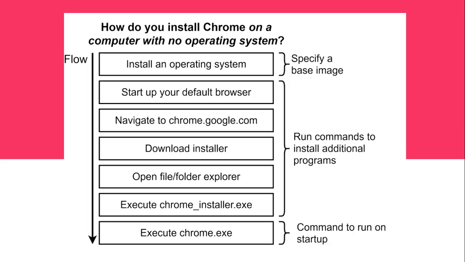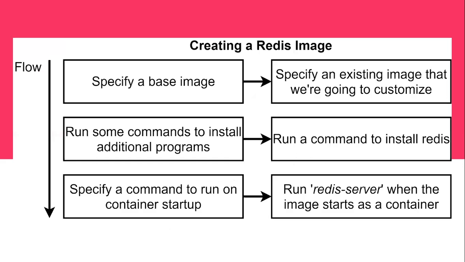After we have run all the commands and executed all the functions, at the end we will run the application. This is the same as installing Chrome on your laptop which has no OS. So specify a base image, run some commands, and specify a startup command. These are the three main steps when you want to create a Redis image.